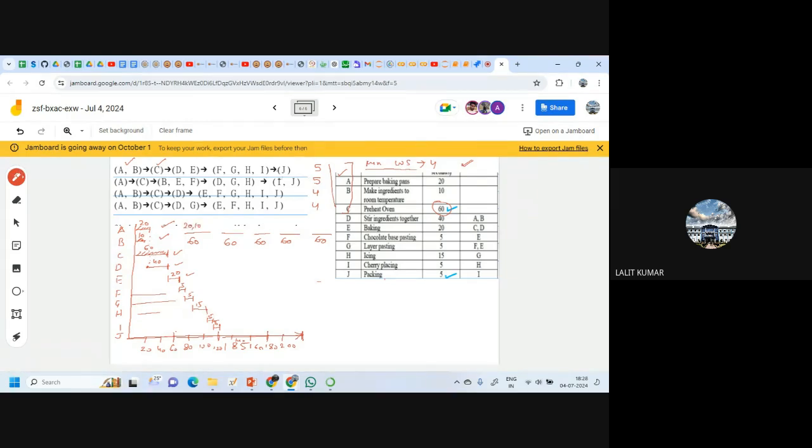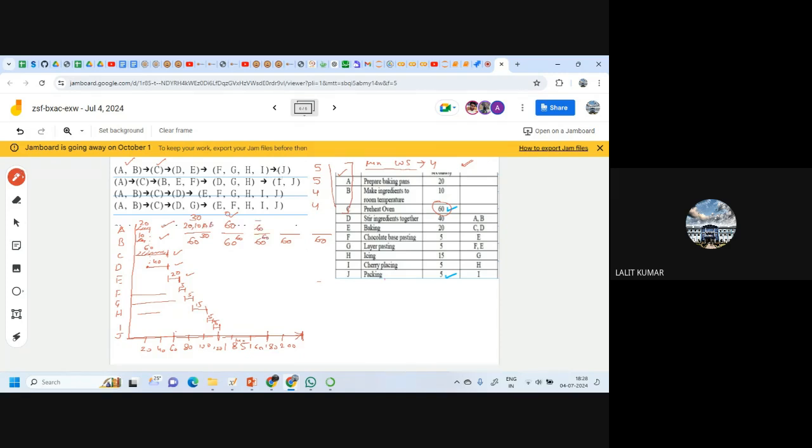We are occupying 30 time, so my wastage is 30. Second is C. I occupy 60, it is possible, wastage is 0. D and E, 40 and 20, they can be done in 60 seconds. No problem, nil wastage, 60 occupied.